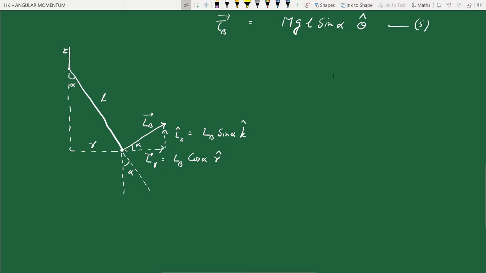Now what happens to these two components as the particle undergoes circular motion? This bob undergoes circular motion, right? This is the circular path.